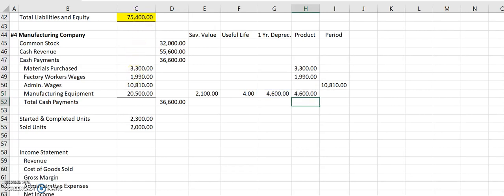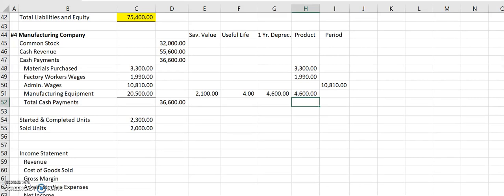So our grand total here, we have $9,890 in product costs, and we have $10,800 in period costs.